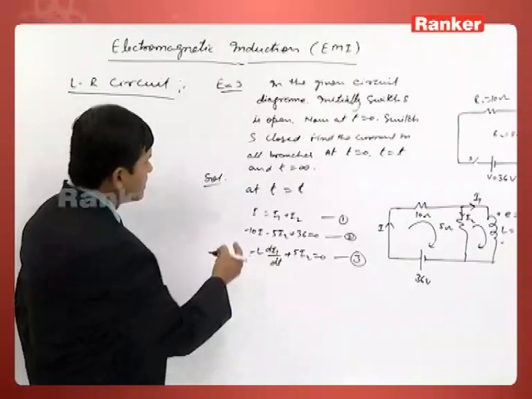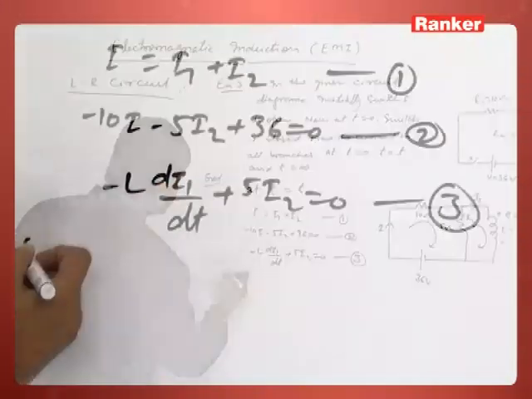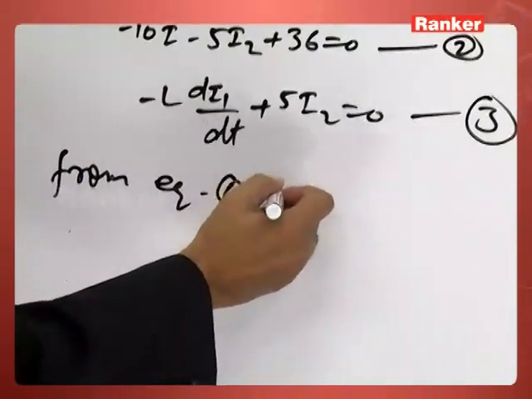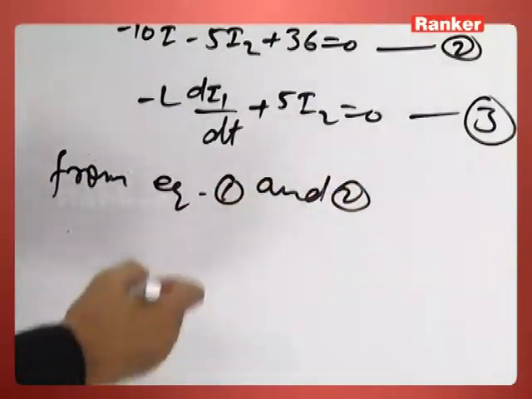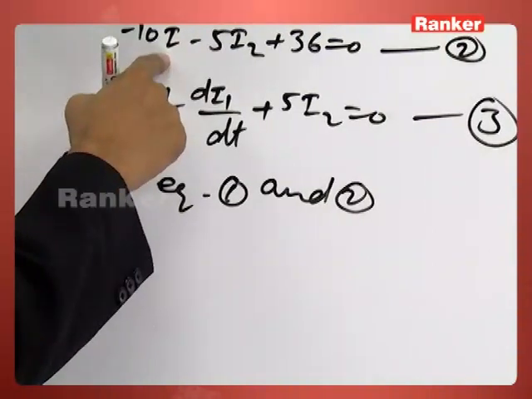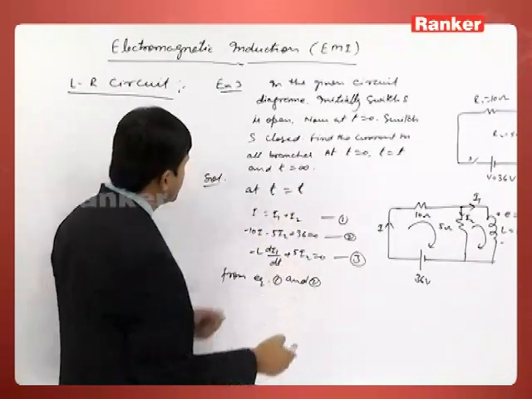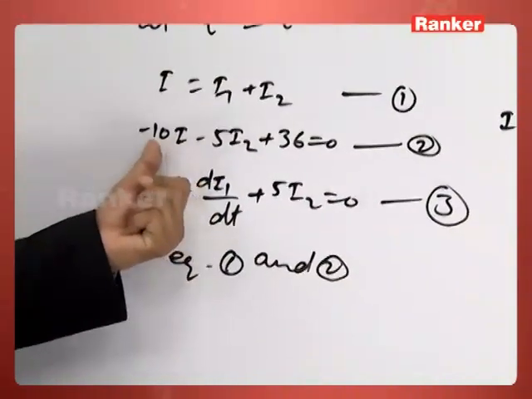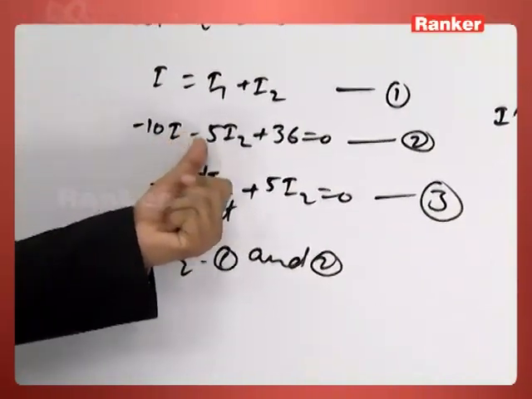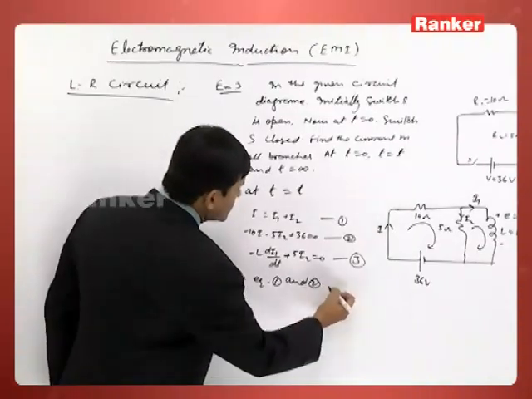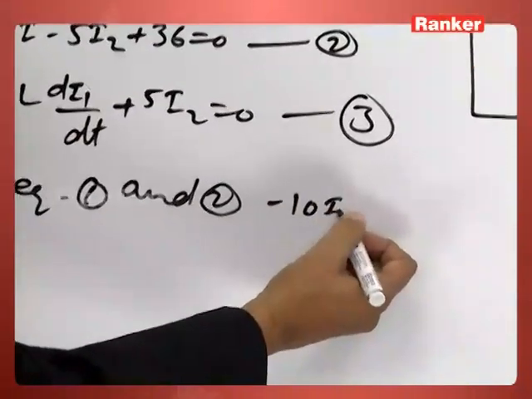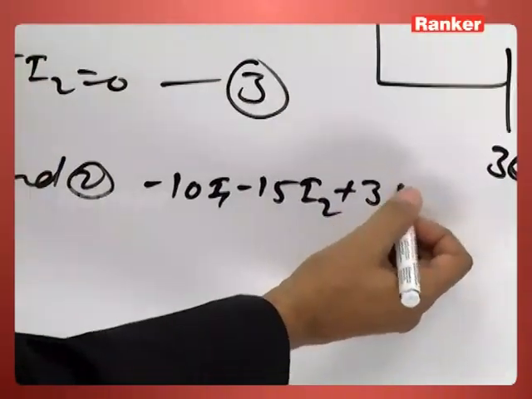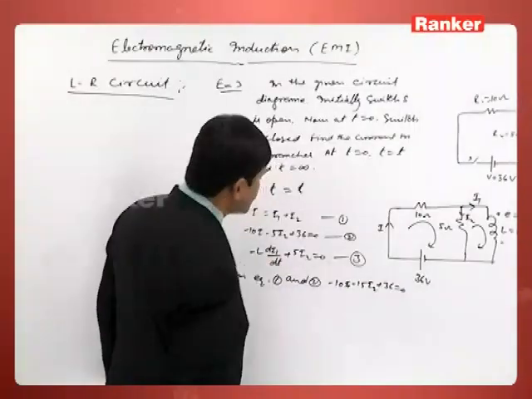So see, from first and second equation, I can substitute I as I1 plus I2. So here minus 10 times I1 plus I2, it becomes minus 10 I1 minus 15 I2. So minus 10 I1 minus 15 I2 plus 36 is 0.